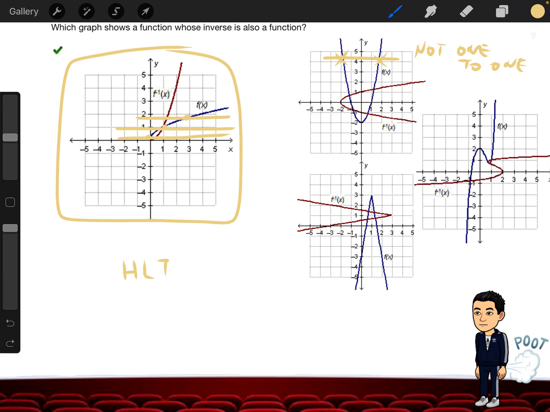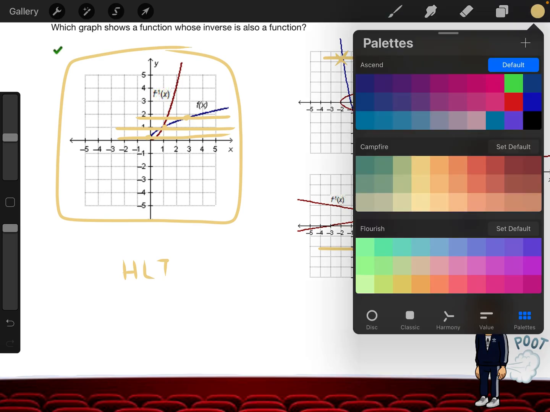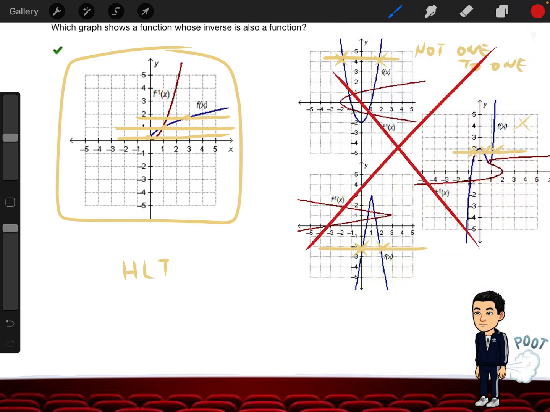Let's test out the other one. This horizontal line test gives you 3 points of intersection, so no. Look at this last one right here. One horizontal line, you got 2 points of intersection. So don't pick these three.